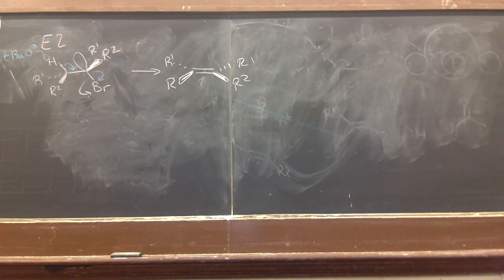Let's think about synthesis type problems. If you wanted to make an alkene, but the alkene you were looking to make was, for example, the thermodynamically less stable of the molecules, and you want to use elimination, are you going to want to go through an E1 pathway? If it's not the thermodynamic product? Probably not, right? Because if it's not the thermodynamic product and you're trying to do an E1 elimination, the chances are it's either not going to form at all, or it's going to be a minor product, at best equal.